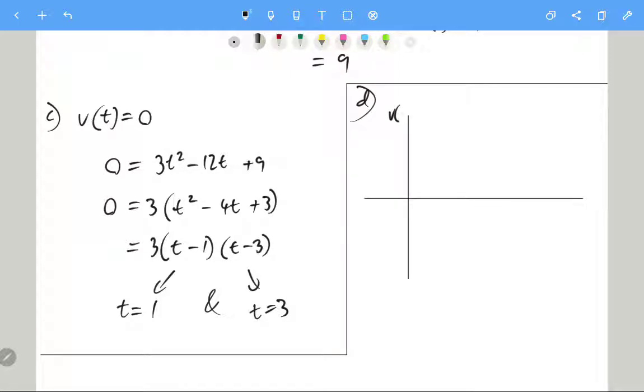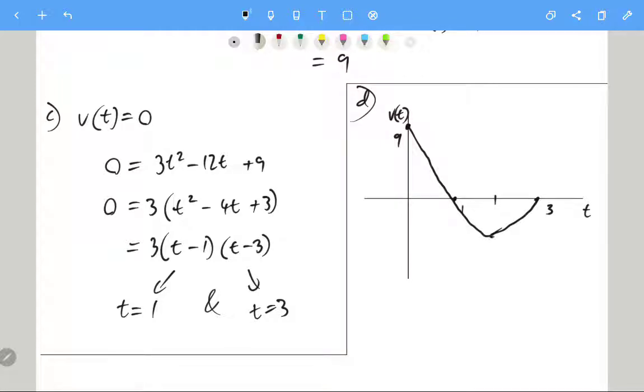So we've got v of t up here and t down here, and one of its intercepts is at 1, another intercept is at 3, and its velocity intercept is at 9, based on previous working out. And we can sketch the general quadratic shape.